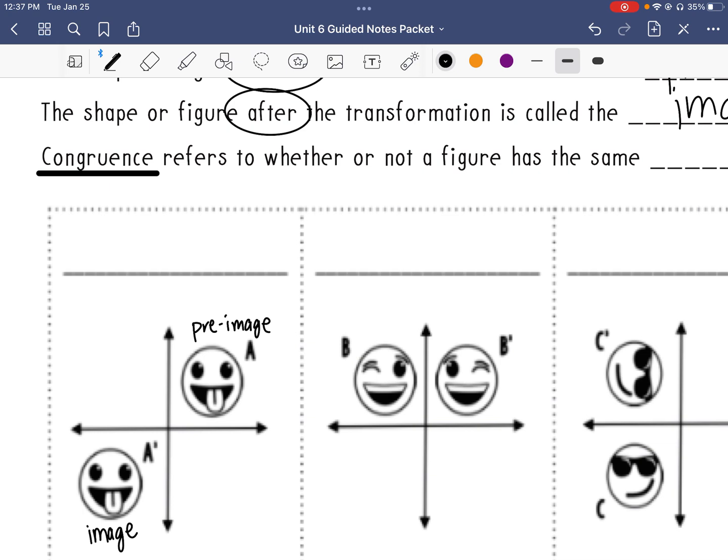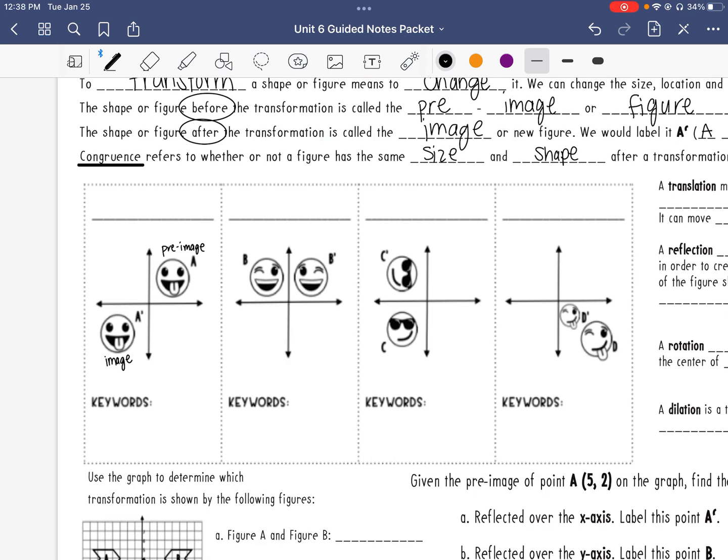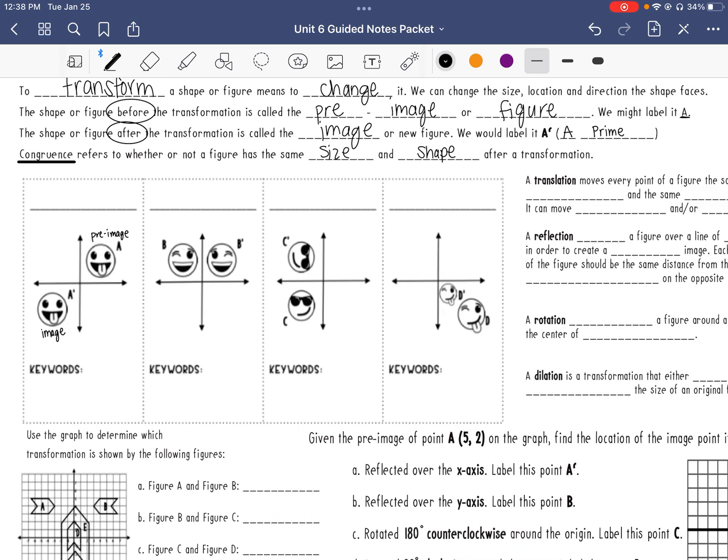Now, congruence is not one that you guys probably have seen before, okay? You can break down the stems of this word, but I don't know how much that's going to help you. So, congruence refers to whether or not a figure has the same size and shape after a transformation, okay?